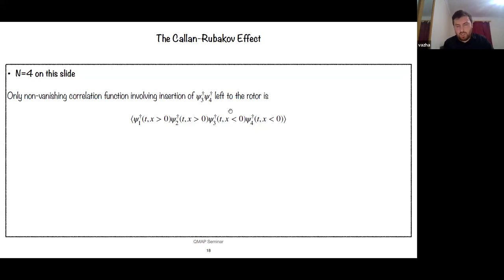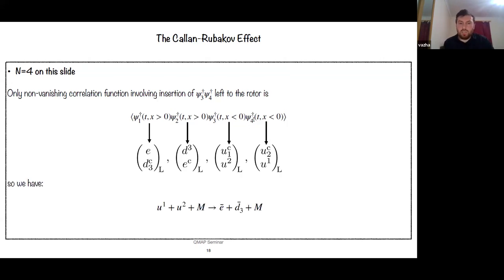You can easily show that if you have just the insertion of two fermions in the incoming direction, the only non-zero correlation function is given this way. Now you can translate this back to the standard model doublets.